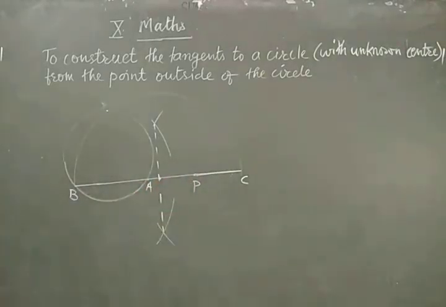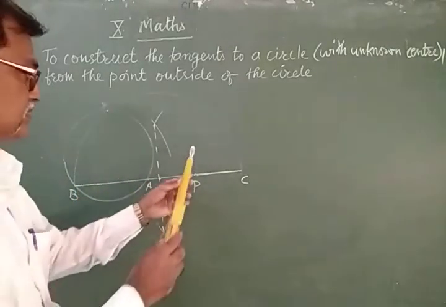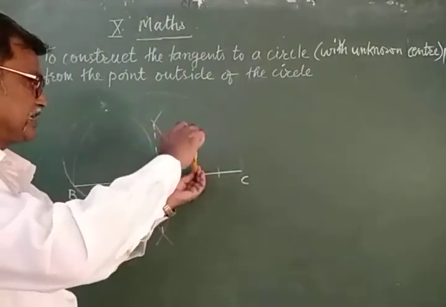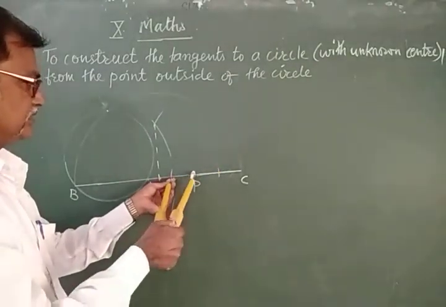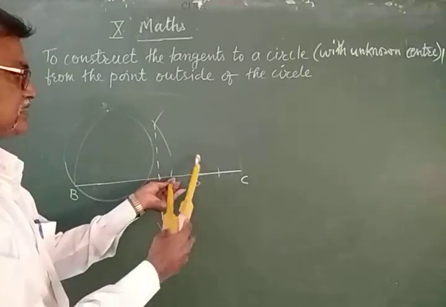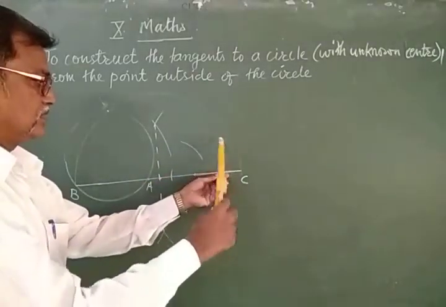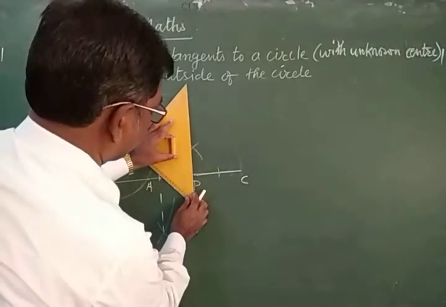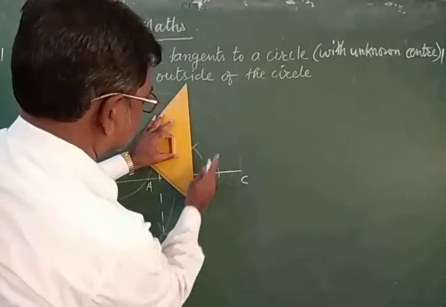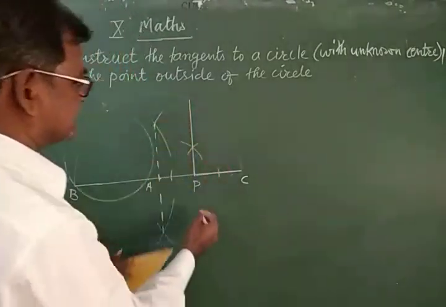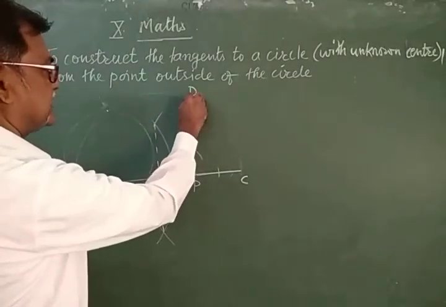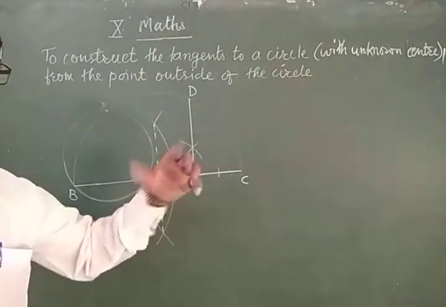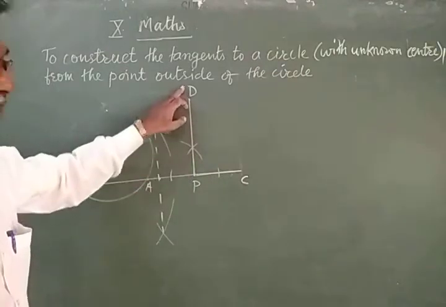To draw the perpendicular, again take the compass, take some radius and draw two arcs on both sides of PC, and then with these centers and more than half distance draw arcs intersecting each other, and from that point draw a line intersecting this semicircle at D. It means the construction: draw PD perpendicular to BC.